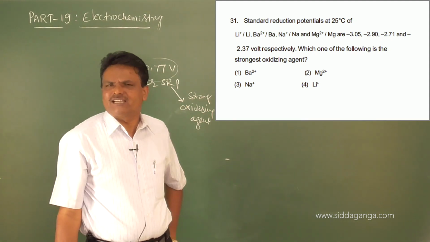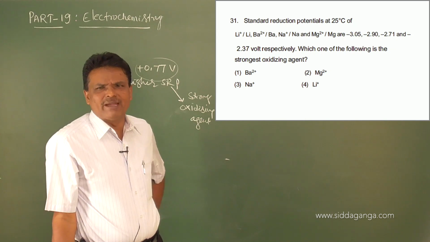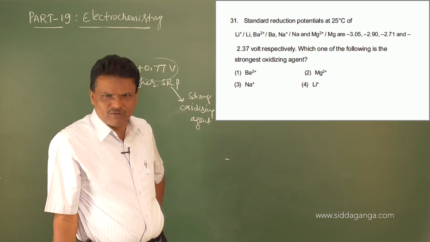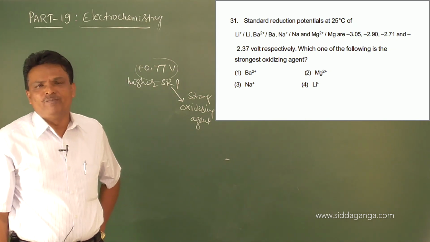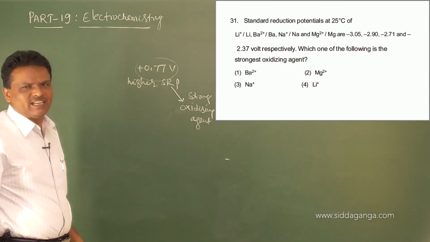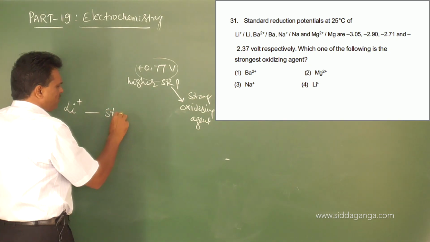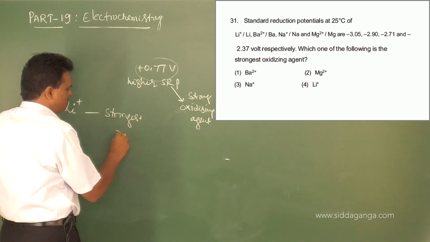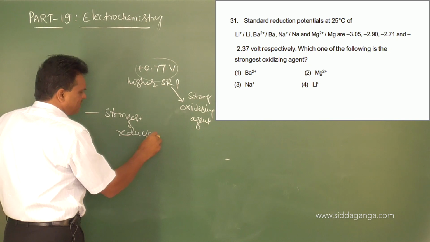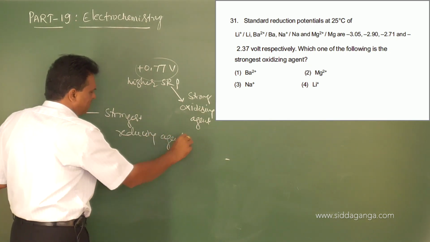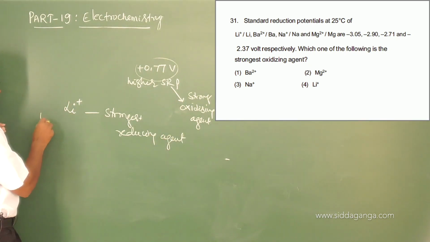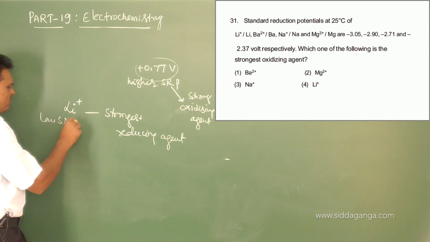So among the given set of elements, lithium, minus 3.05, has the lowest SRP value. So Li plus is the strongest reducing agent, because it has low SRP value.